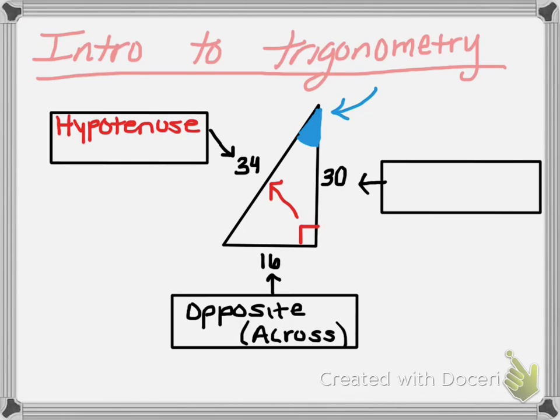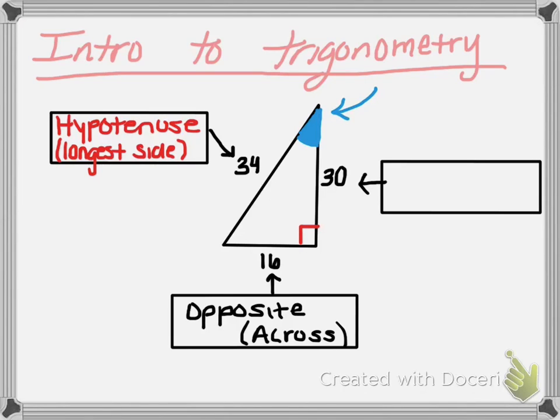Again, I'm just going to go ahead and erase that arrow so that we don't have too much on that picture. This side is called the hypotenuse because it's the longest side. Every single time when you get a right triangle, the longest side is your hypotenuse. So that one's also pretty easy to identify.